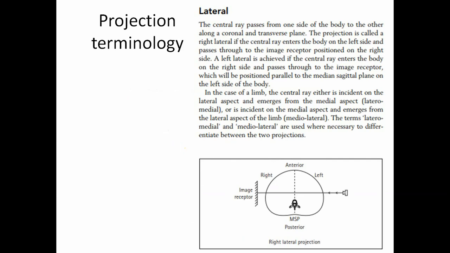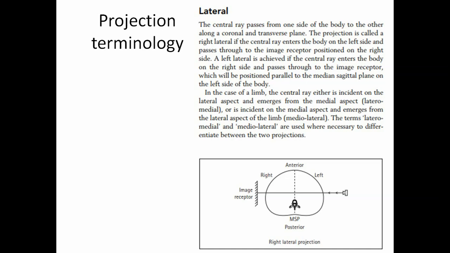Now another view, the lateral projection. As I mentioned previously, if X-rays pass through one side of the patient and exit through the other side, that is called the lateral view.